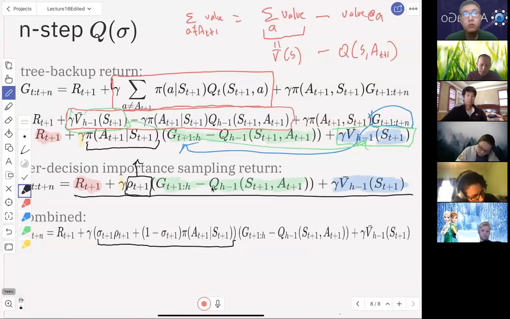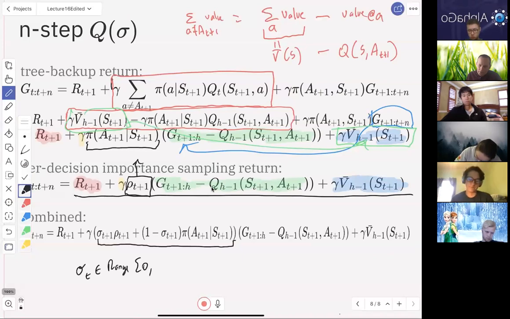So sigma is going to be in the range 0 to 1, right? So it tells us what fraction of rho to take. Sigma basically tells us what fraction of sampling to do. So how much of the rho should we use?